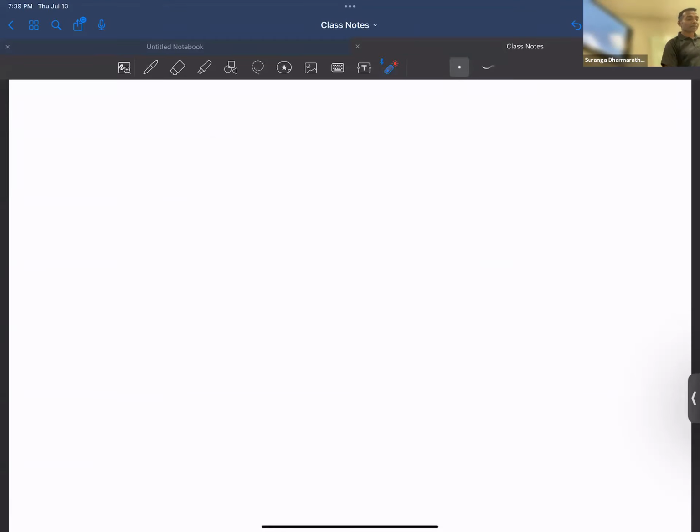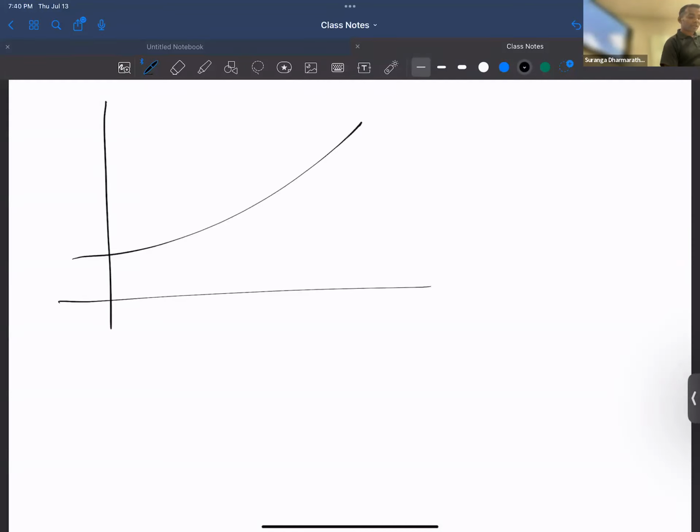Now, let's say we have a function like this, and then you have a tangent at that point.